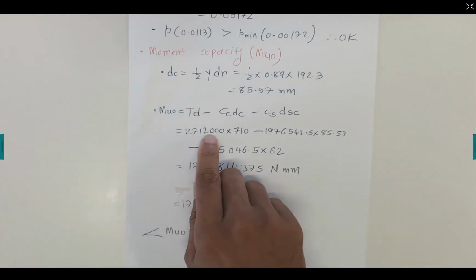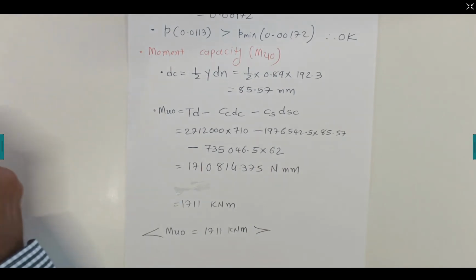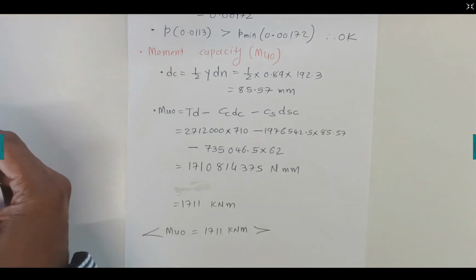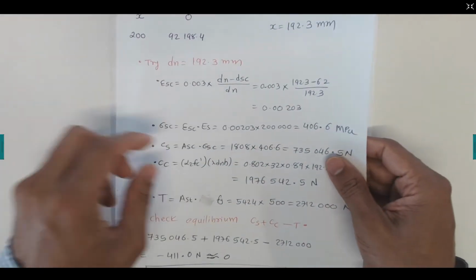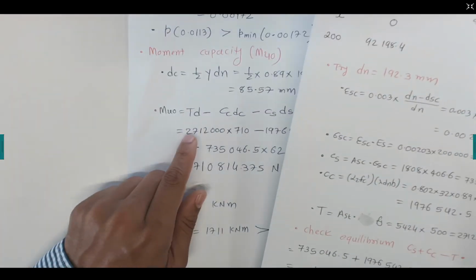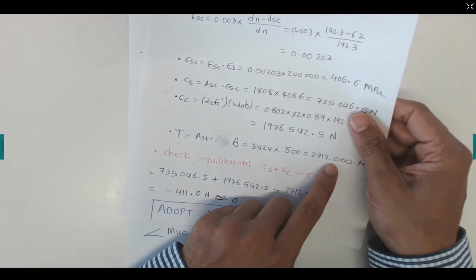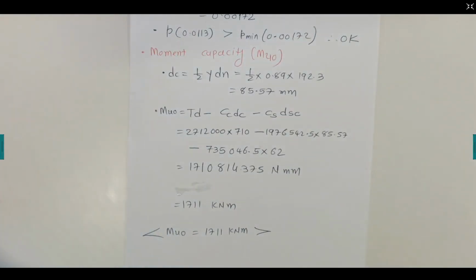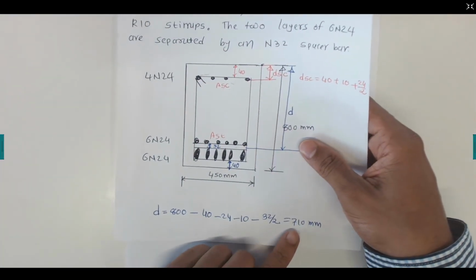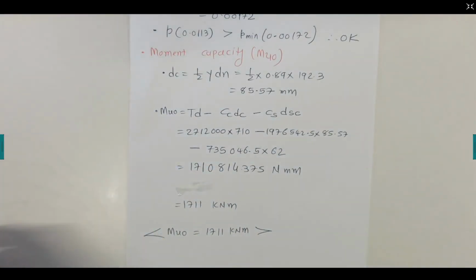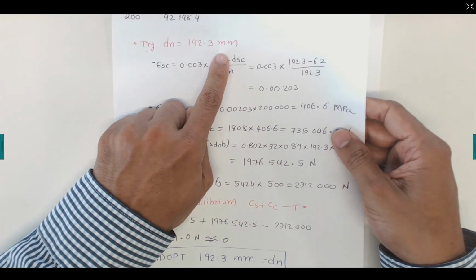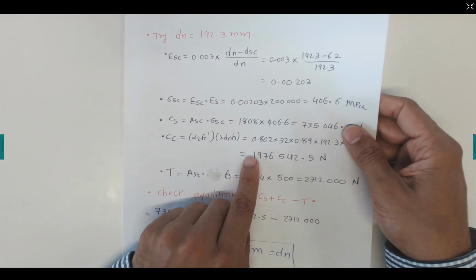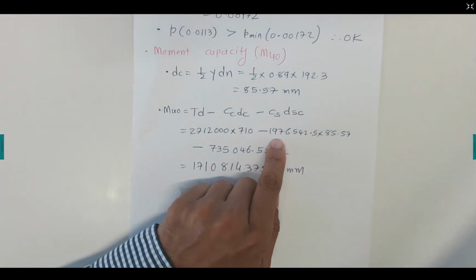Now we have all the values calculated for the DN value of 192. So the tension force is 2712000 times d, 710 millimeters, which we calculated. Then the compression force in the concrete times dc, with DN of 192.3.